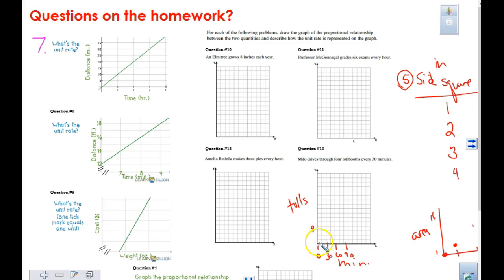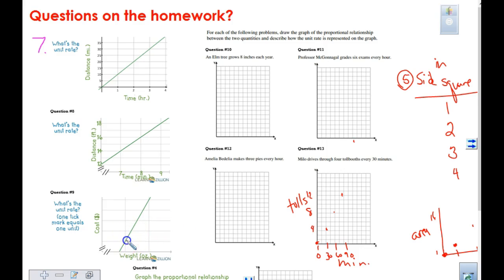So at 0, we were at 0. At 30 minutes, you're at 4. Then you're going to have 8. Then you're going to have 12. At 60 minutes, 8. 90 is 12. And so you should have something like that. It just depends on what you use for your numbers. Okay? If you use 30, 60, 90, yours is possibly, depending if you went up by 2s, going to look a lot different. Okay?